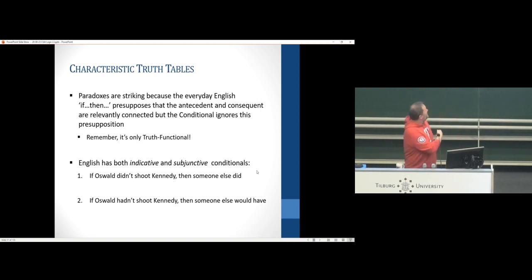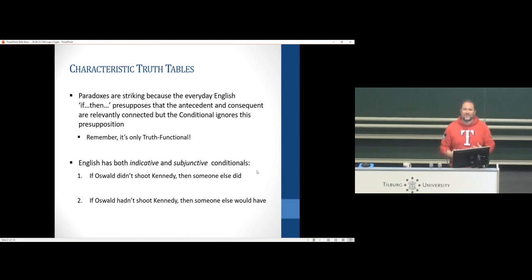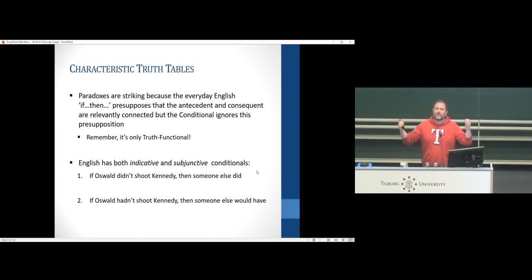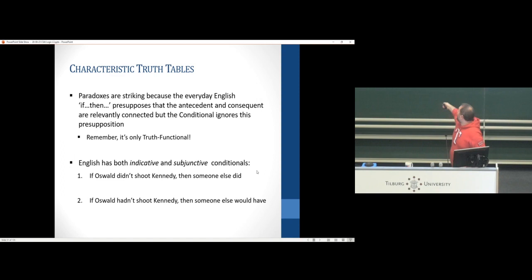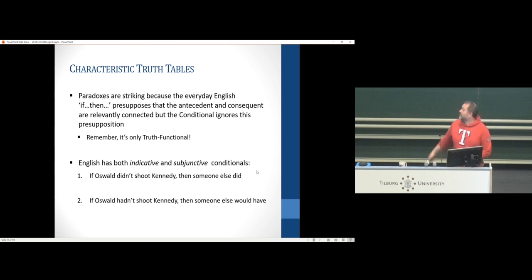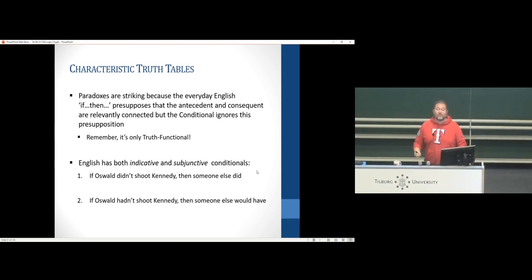But the second is sort of QAnon, a weird conspiracy theory. It says, okay, we're already assuming that Oswald did shoot Kennedy, but if he hadn't done that, then somebody else would have. The Cubans, the CIA, the mafia, whoever you want to plug in here. The difference is that this bottom one is what we call a subjunctive conditional.